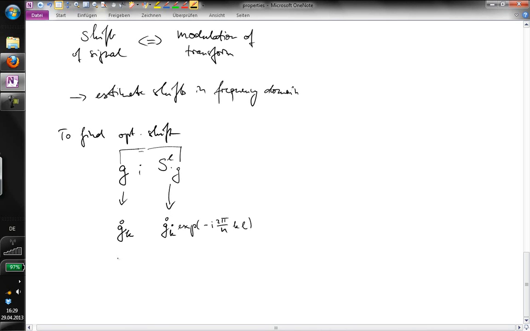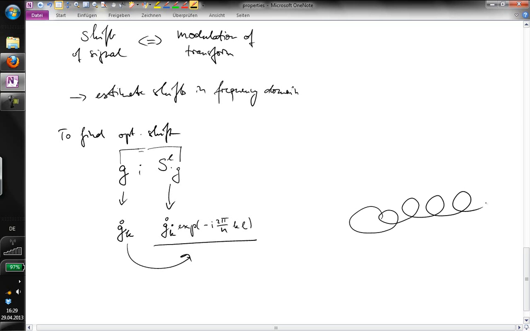And then I divide one by the other. Yeah, so now I divide this by that. The transpose cancels, and I'm left with just the modulation term. I do that for each frequency, and I hence get out, if the two signals were really perfectly identical, a pure modulation as we've seen before. So this is meant to be a perfect spiral.